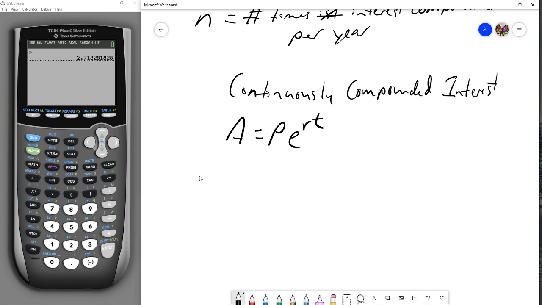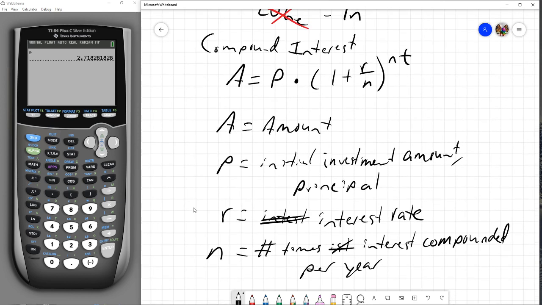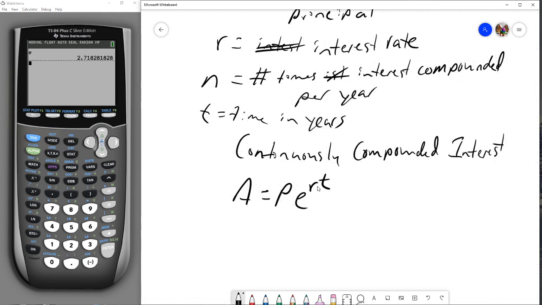So our A, P, and R are all the same quantities. I suppose up here I should mention what T was. T was just time, time in years. So A, P, R, and T are all the same.